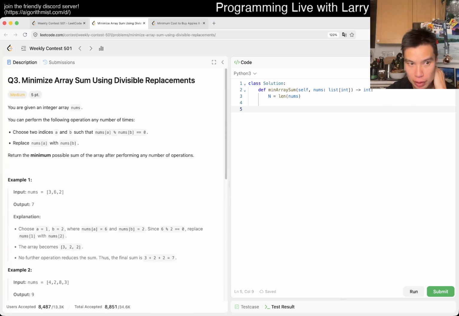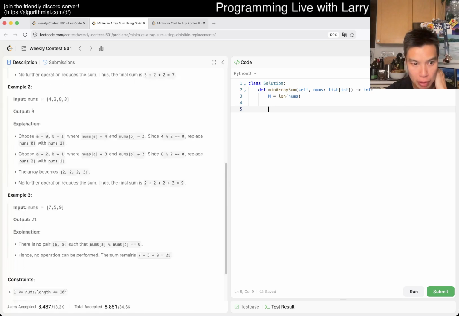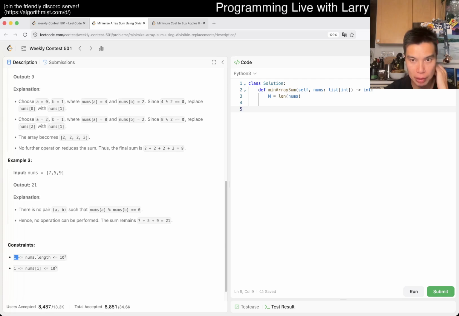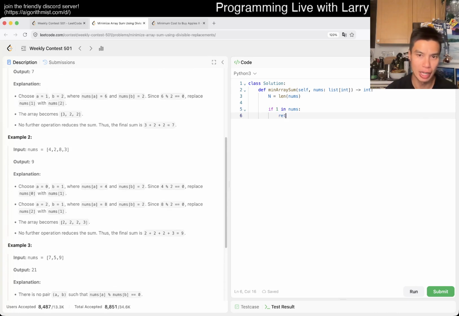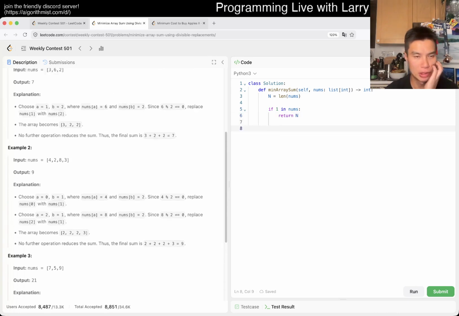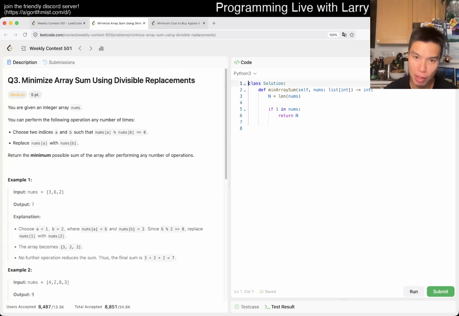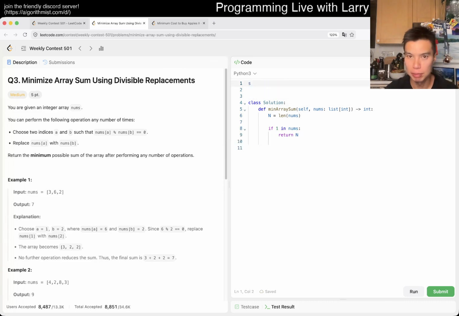And then it's just equal to the smallest number, right? And 1 is one of the numbers, by the way. So if 1 is in nums, then what are we doing? Then we just return n. We just replace it all with 1s. Otherwise, we have a prime sieve, smallest prime factor, right? Range of max.